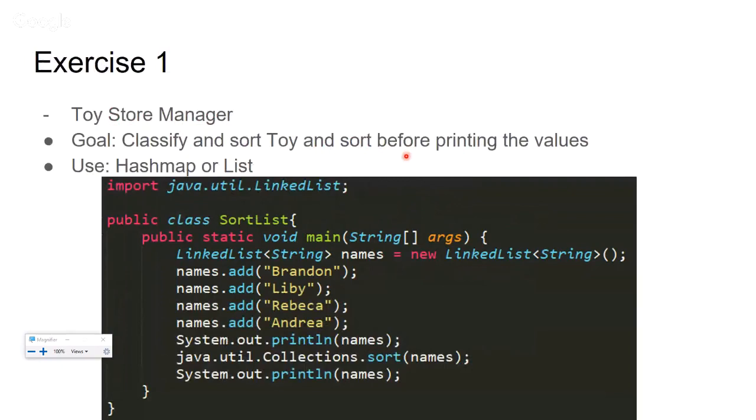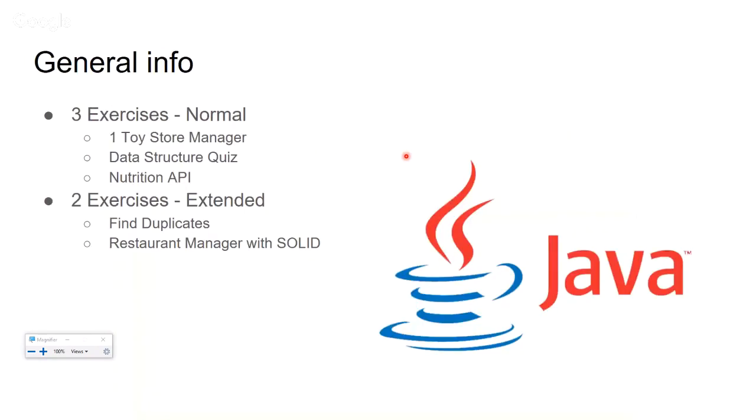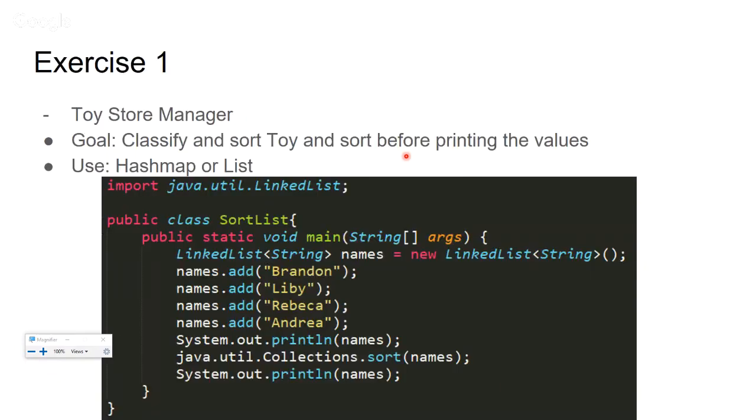Okay, let's keep moving. And we are already mostly done. I'm gonna talk about general info inside this lesson 3. Inside this lesson 3, you will find 3 exercises. These 3 exercises are for normal users. The first one is Toy Store Manager, which I gave you a little tip for right here.